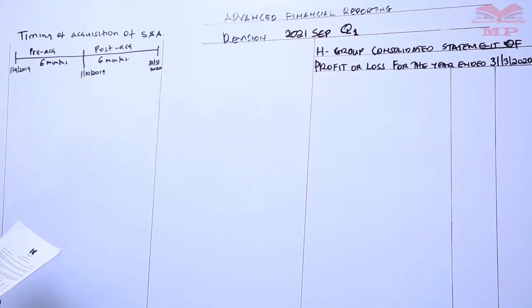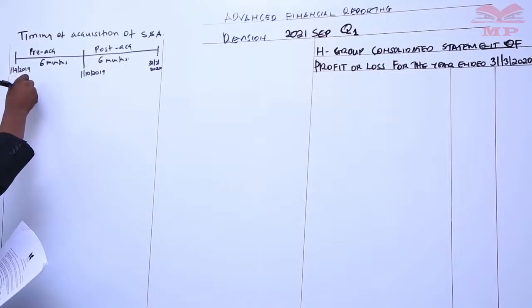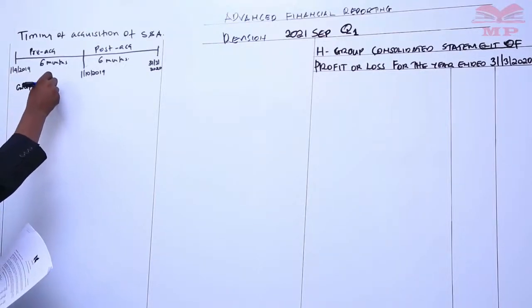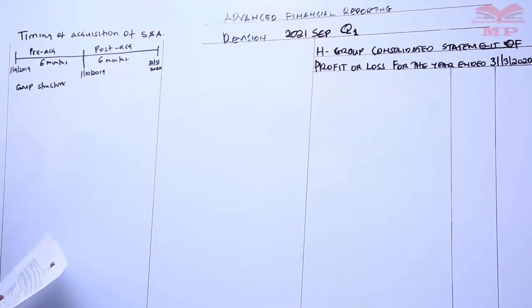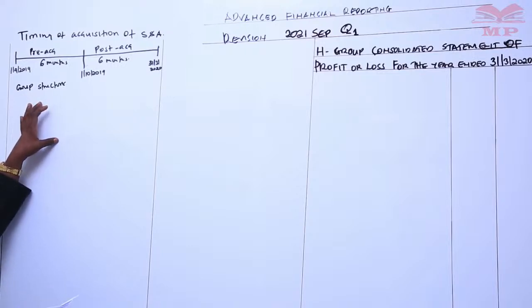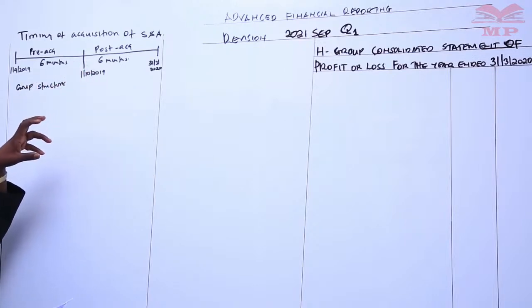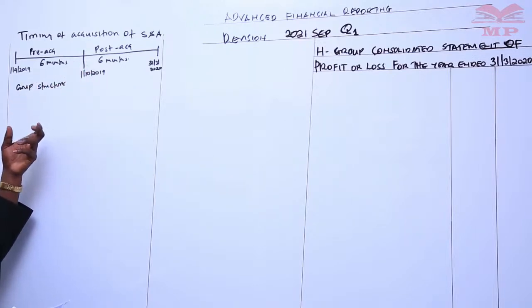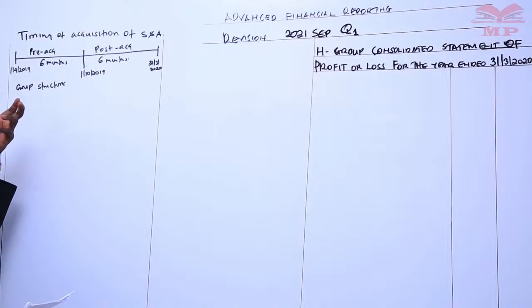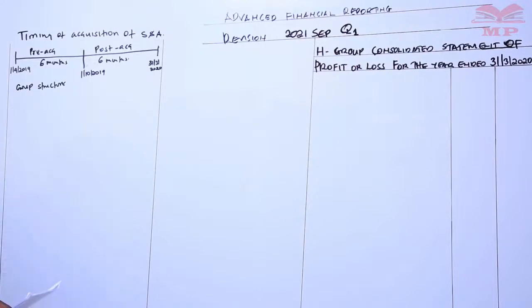Once you've established that, it is also important to talk about group structure. Group structure informs you of the kind of relationship that H has with S and A, and it is at that point that you establish the accounting method to use for S and A in the consolidated financial statements.